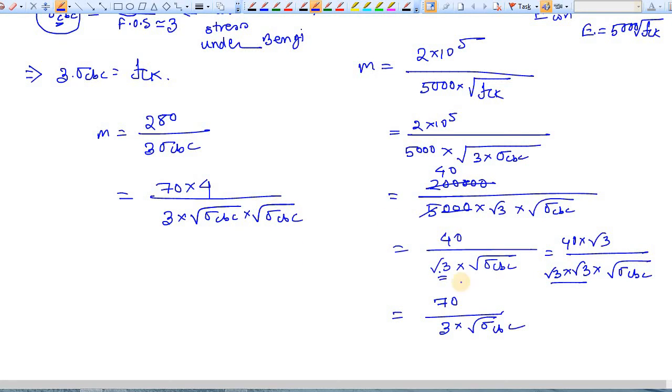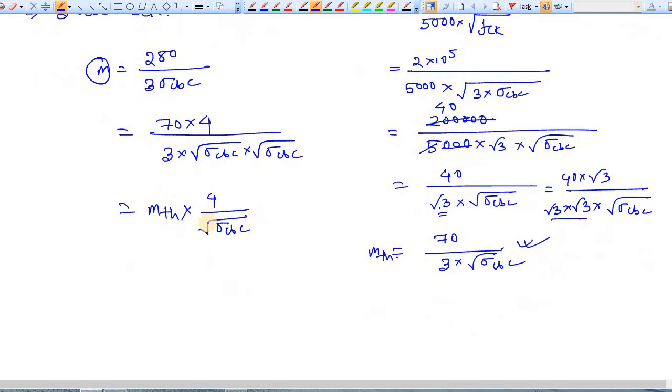Okay, so compared to the theoretical modular ratio, the modular ratio given in the code is m theoretical times 4 divided by square root of sigma_cbc, where sigma_cbc is the allowable compressive stress when concrete is under bending, and you know that sigma_cbc is 1/3 of fck.